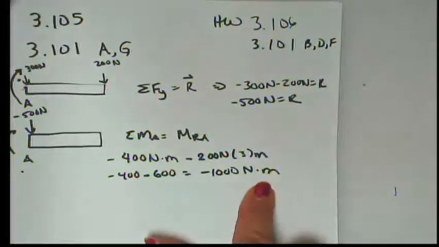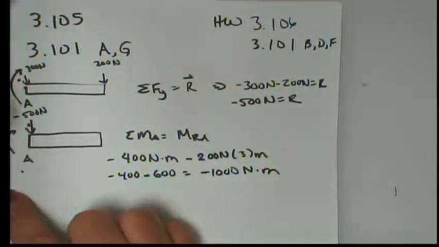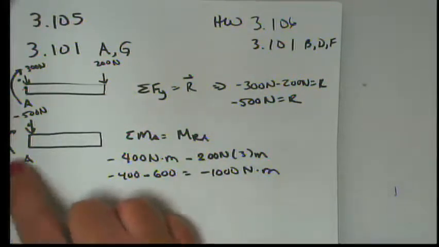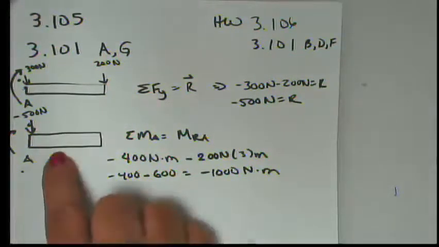All right, so what that means is that if we move this to point A, then this is going to be a minus 1,000 Newton meter moment in the clockwise direction.